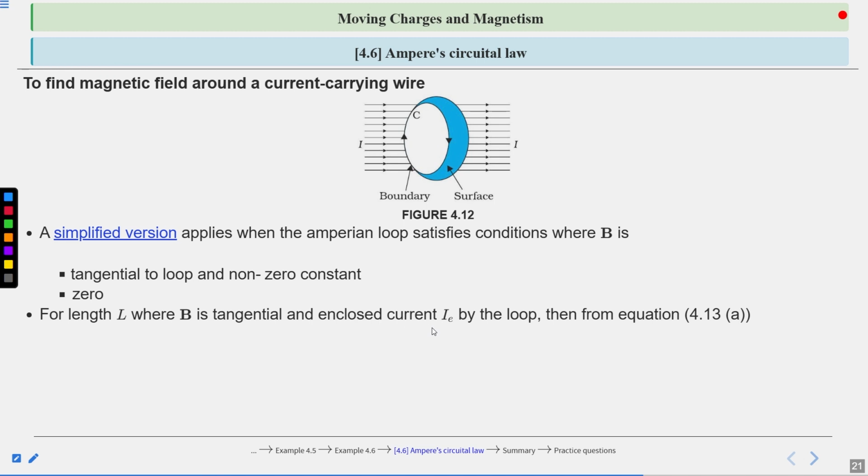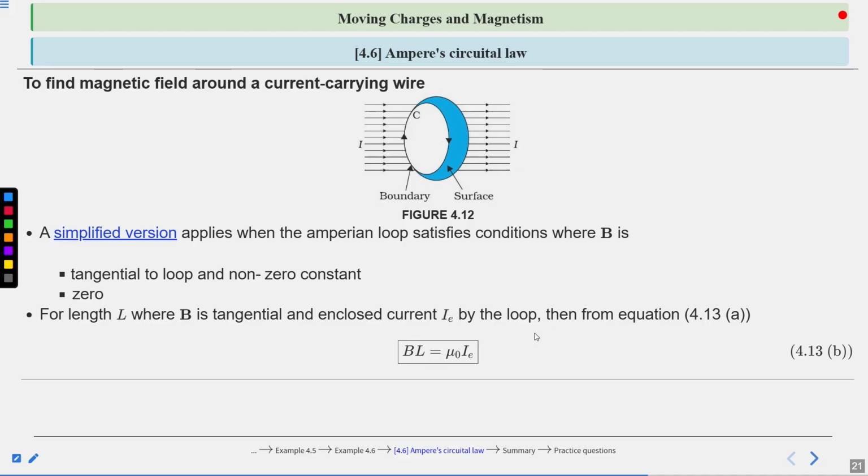Then equation 4.13a is BL equal to mu naught IE. We are considering a special case. The length of the loop that we are considering is L, where B is tangential to this loop at every point and the loop is enclosing a current IE. Got it? You have to consider one loop.